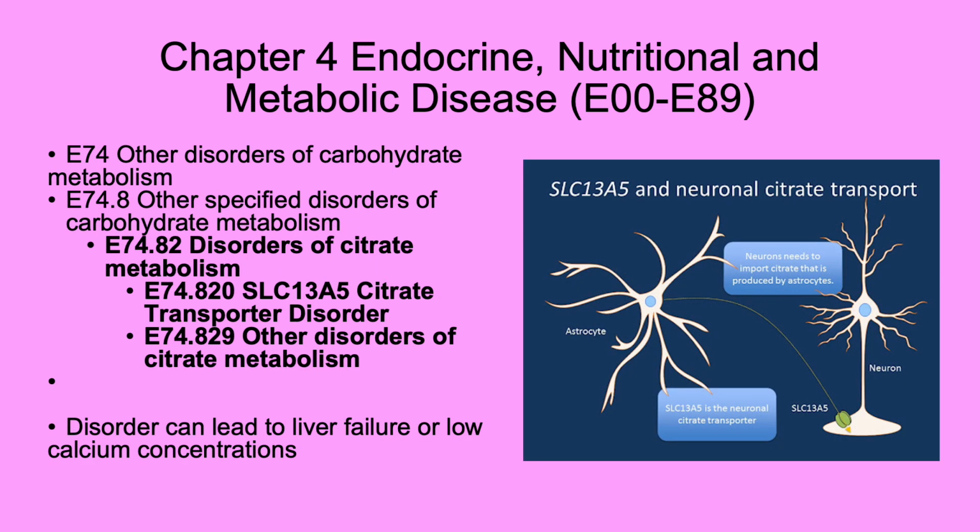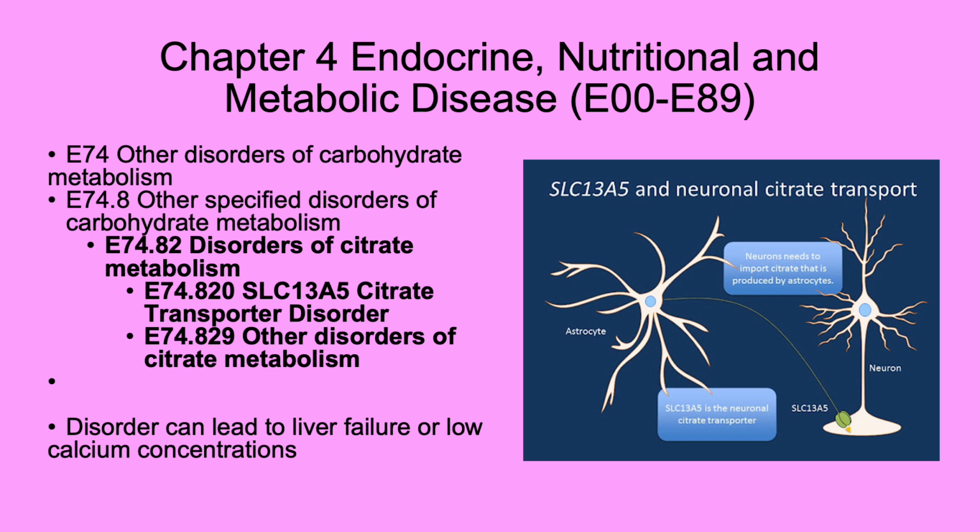Okay, also in chapter 4, we got a lot in chapter 4. E84, other disorders of carbohydrate metabolism. E84.8, other specified disorders of carbohydrate metabolism. A new code added under that, E84.82, disorders of citrate metabolism. And then under that code, E84.820 and E84.829, citrate transporter disorder and other disorders of citrate metabolism.